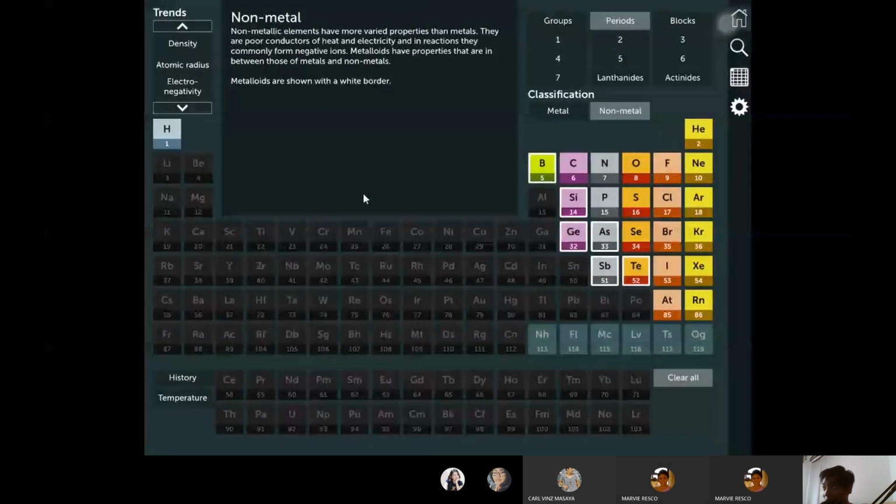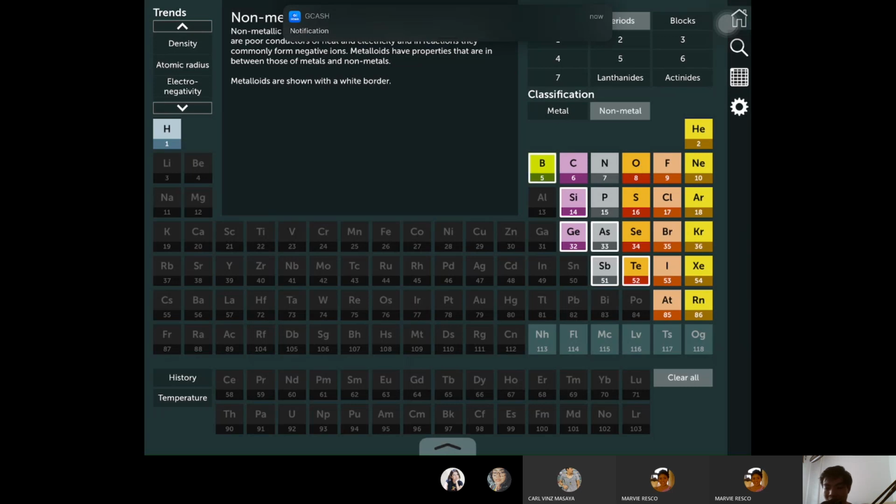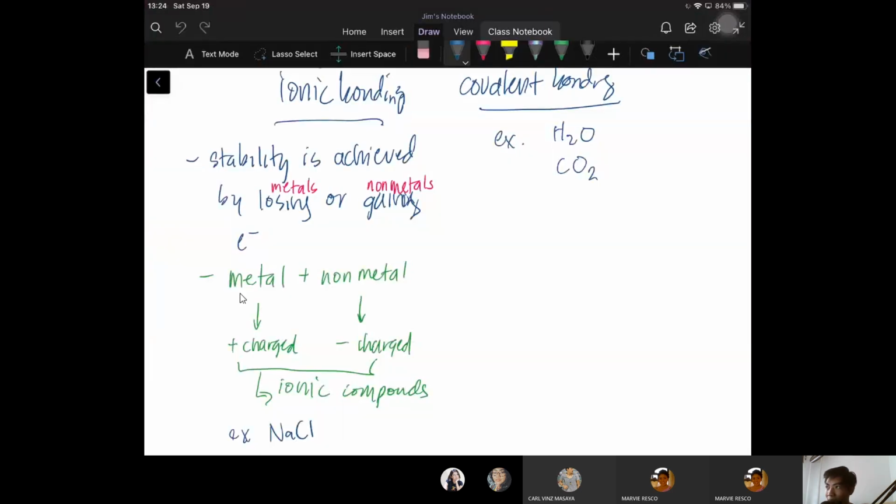So, paano yun? Tingin lang kayo sa periodic table. Select nyo non-metal. So, ito yung mga non-metal. Mapapansin nyo, yung hydrogen at oxygen, non-metal. Yung carbon, yung oxygen, non-metal. Eh, di ba? Sabi natin kanina, yung metal, sila yung nagiging positively charged, no? Sila yung naglo-lose ng electron. Yung non-metal, sila yung nagigain ng electrons.